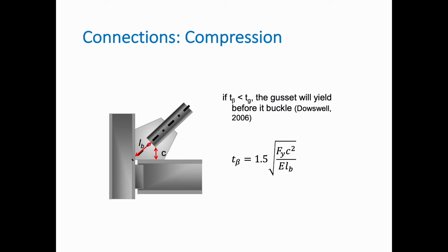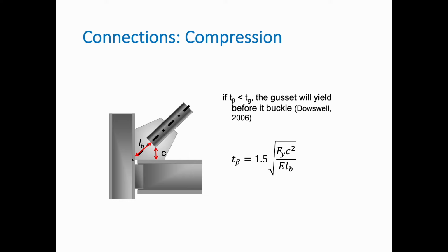Connections can fail in many different modes, so it's quite complicated, and there is a lot of work that needs to be done to make sure that connections won't fail before we get all the inelastic capacity and ductility we want from the brace members.